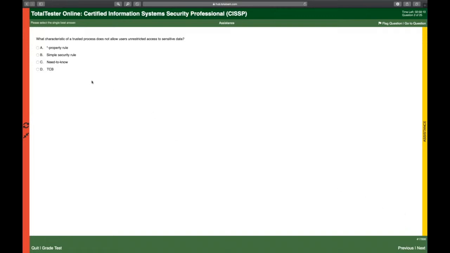So they have access to sensitive data, but not unrestricted access. They can't see everything, only the stuff they need to know for their job. That simple security rule is an axiom of Bell-LaPadula, I believe. No read up, no write down. I think it's the no read up rule.